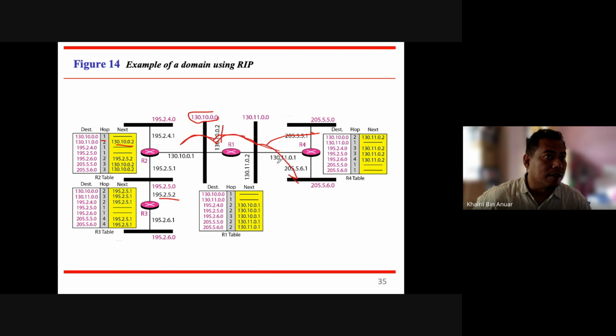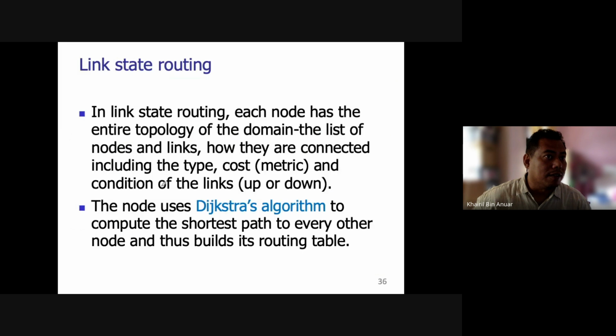So 3 hops. That is why you have this routing table. Again, for this address, you will see that it will have different information compared to the one that you have in R2. So this is distance vector, and it can be updated between the neighboring routers.